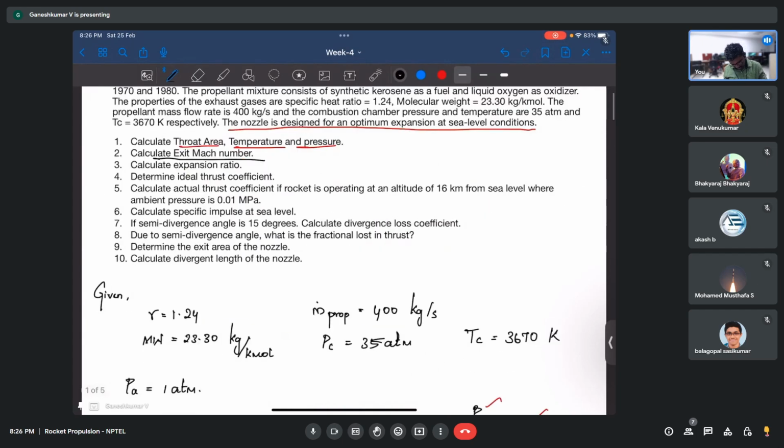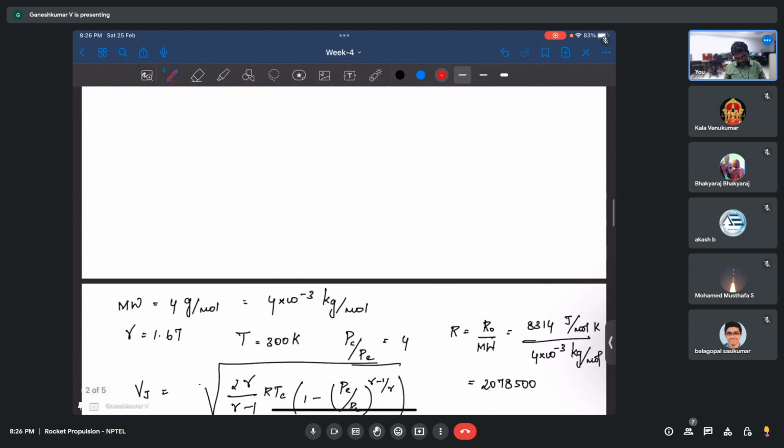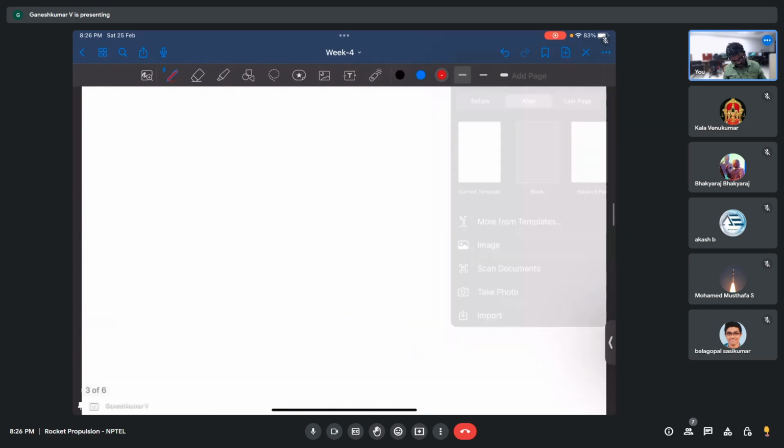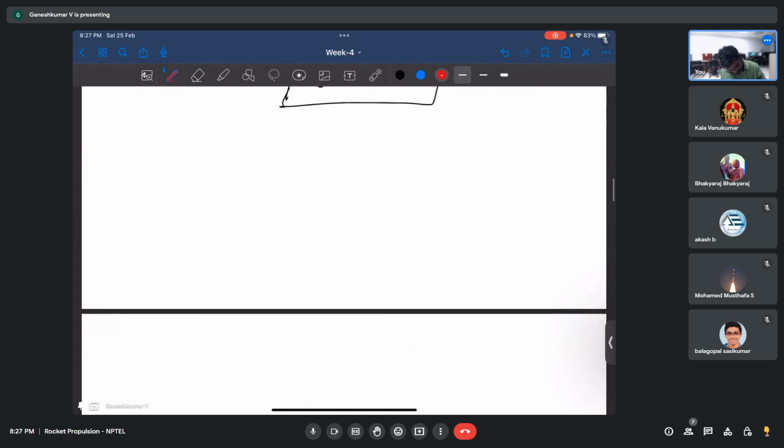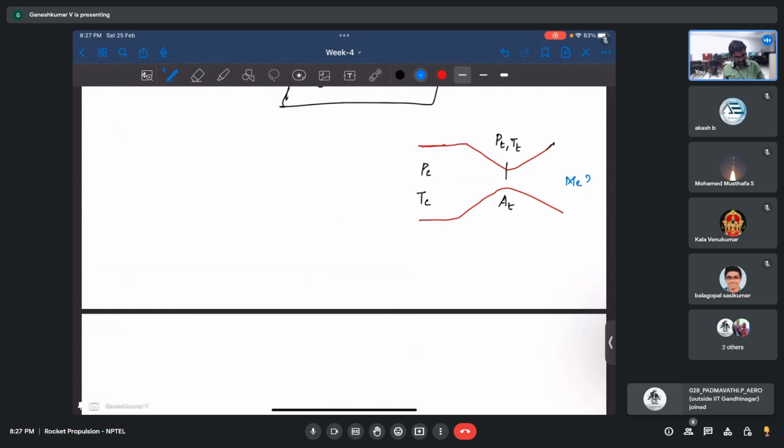We have the area of the throat. Basically, we completed the first question. Now we need the exit Mach number. How do we find the exit Mach number? If I want to draw, I know PT, TT, then the area and Mach number at the exit.